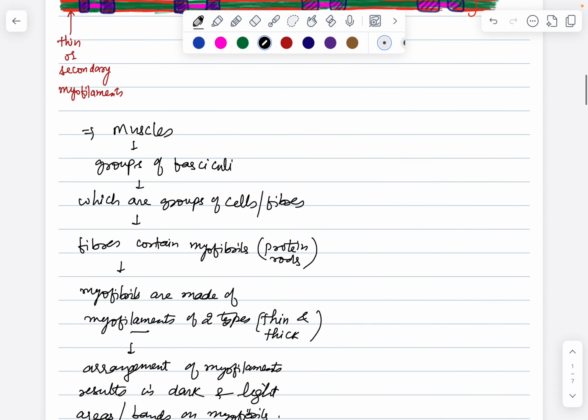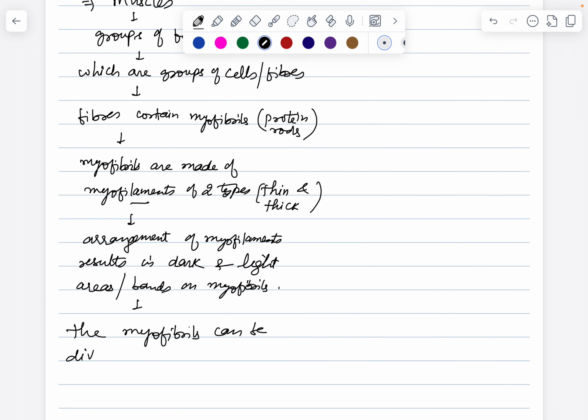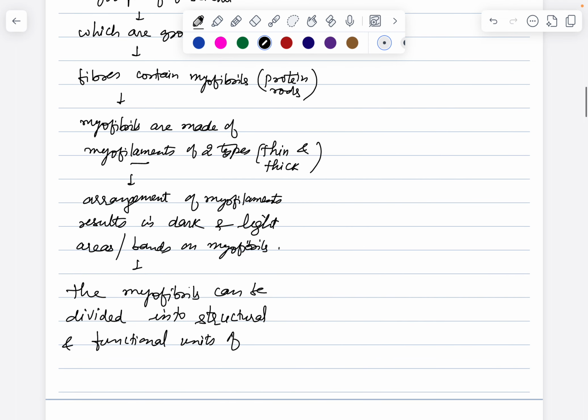So what we'll be doing today, as I told you, is that the myofibrils can be divided into structural as well as functional units, we can say, called sarcomeres.